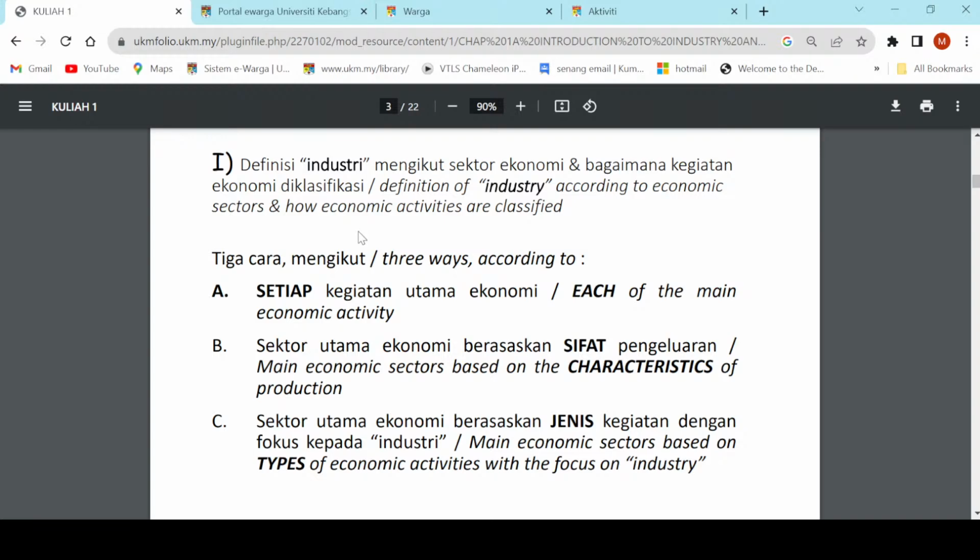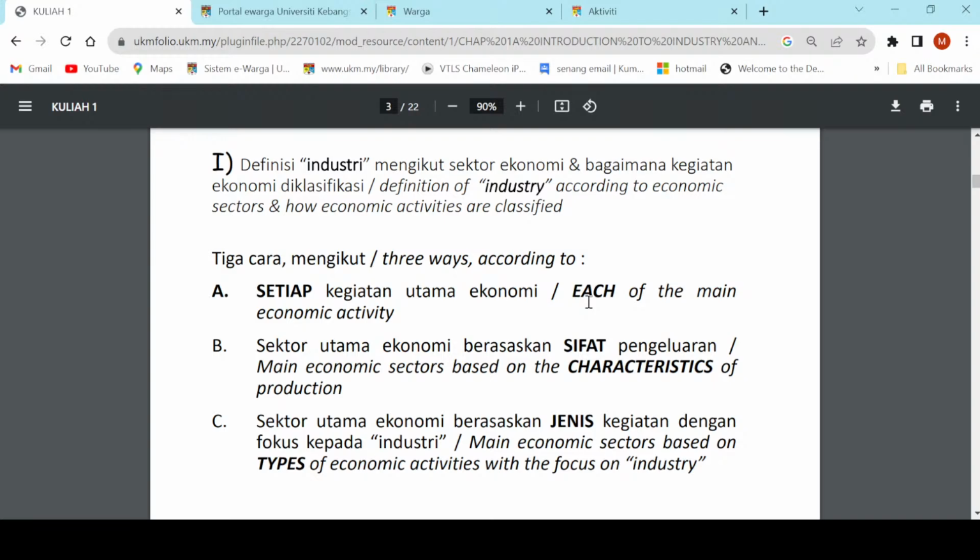Those thousands and thousands of economic activities are classified into main economic activities. There are 3 ways to do that. Number 1 is by each of the main economic activity. Each.